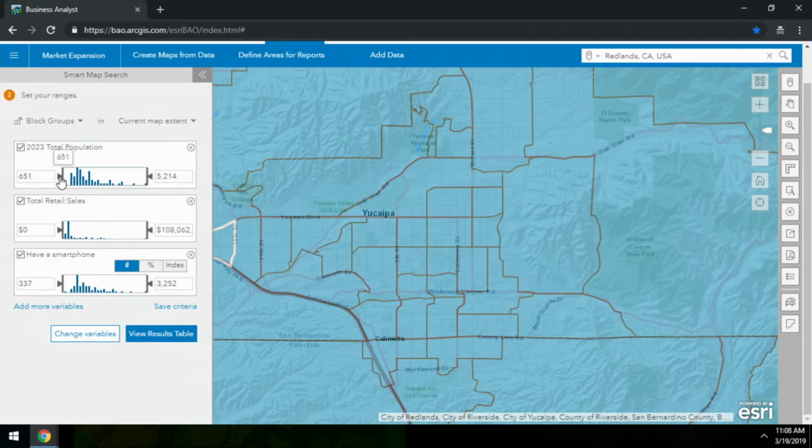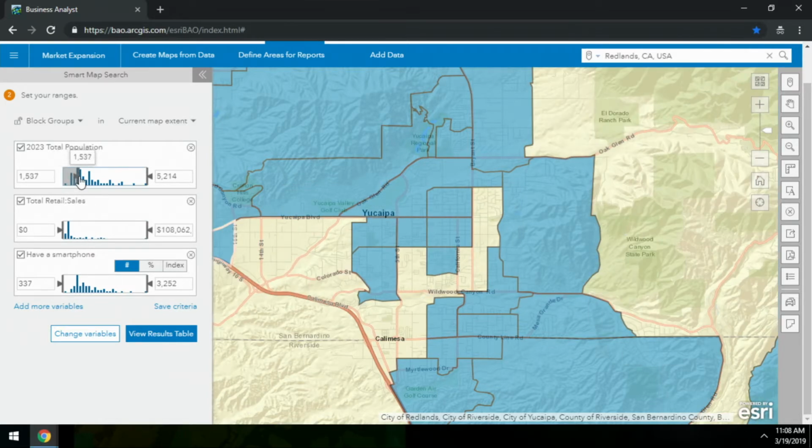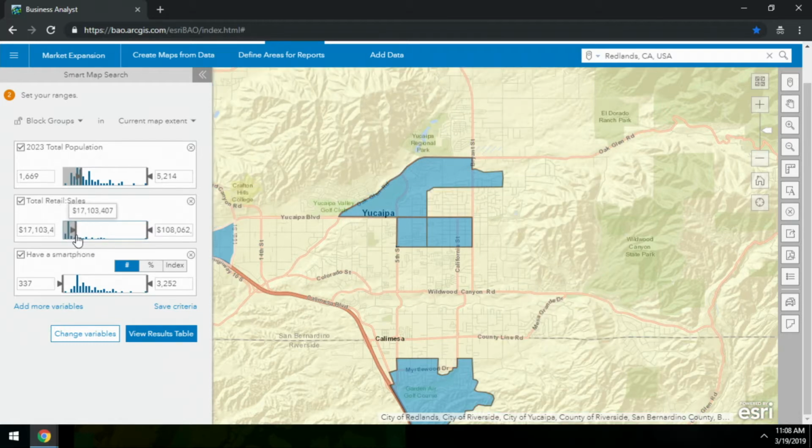In this case, we want to find areas that have a high total population in 2023. We also want to look at retail sales, where the block groups spend a lot of money on both foods and beverages. But I also want to look at areas that have a high percentage of smartphones. And by doing that, I'm able to filter out all these different block groups on my map to find the ones that truly meet my needs.